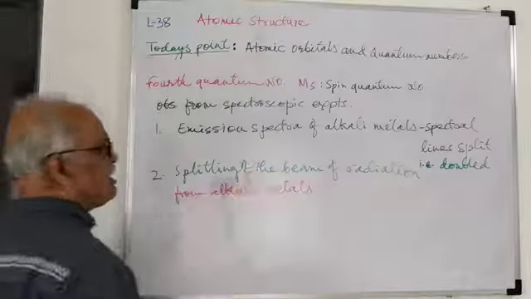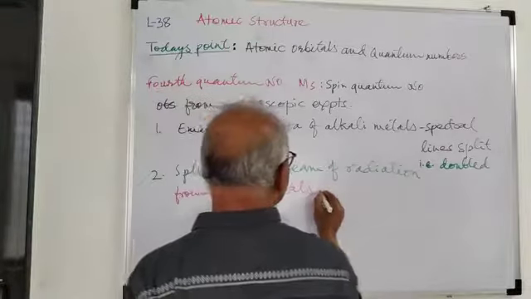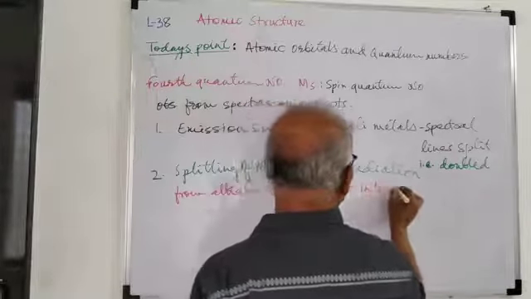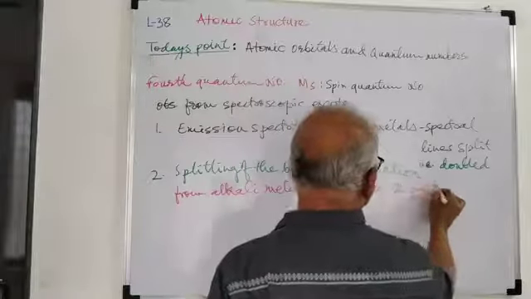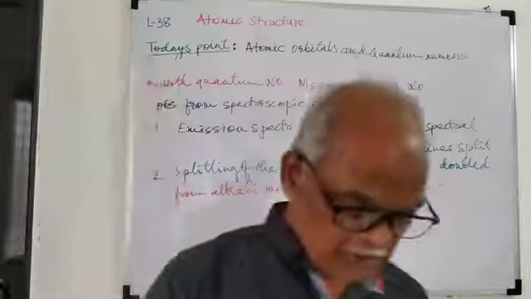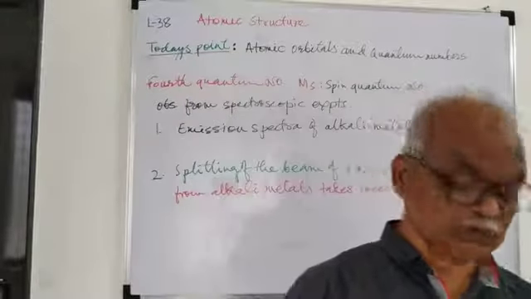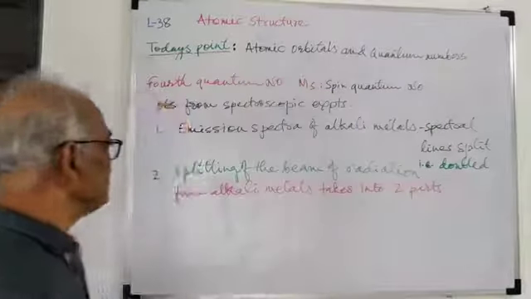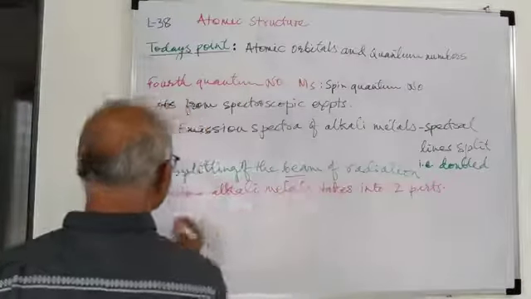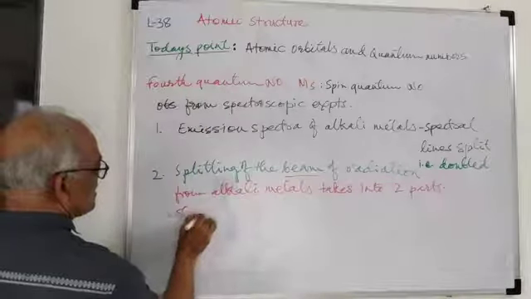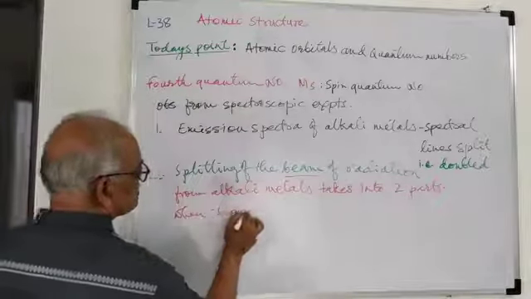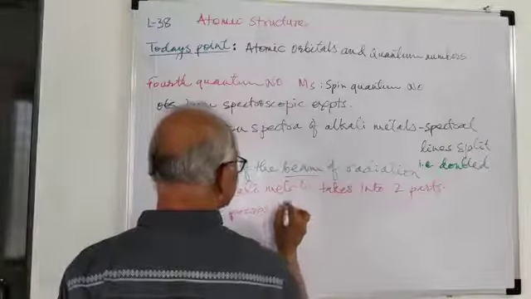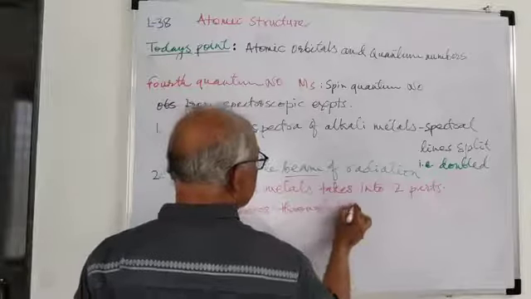The beam of the emission of radiation is split into two parts when the beam passes through a magnetic field.